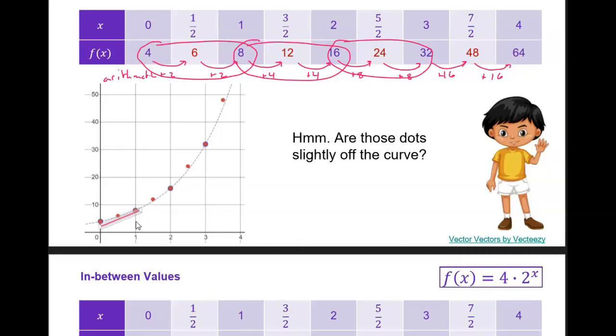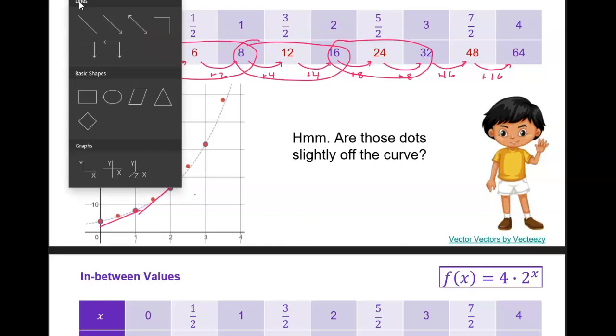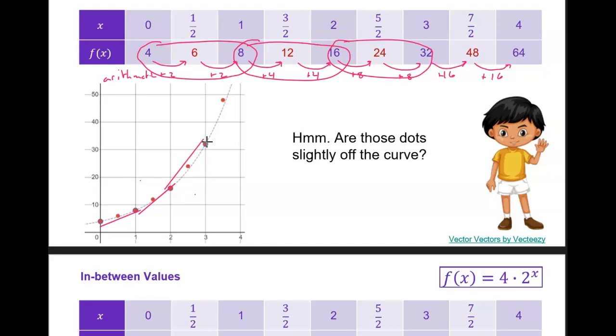So this program doesn't like to draw my lines right on it, but basically straight lines that are following the dots like that. Rather than being exactly on the curve, we're drawing straight lines between those dots.